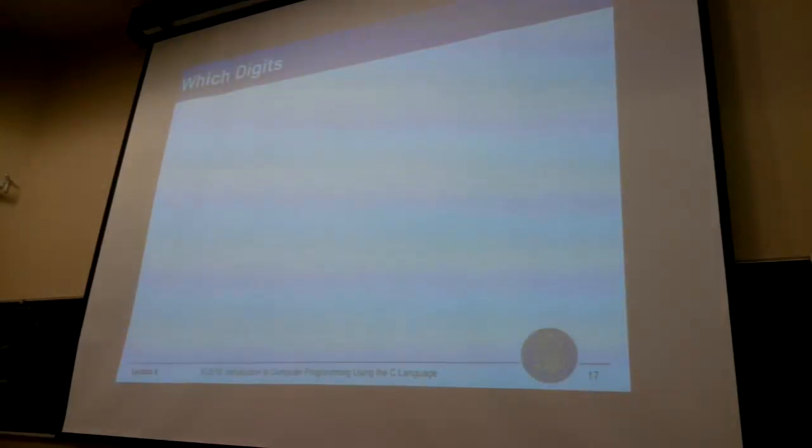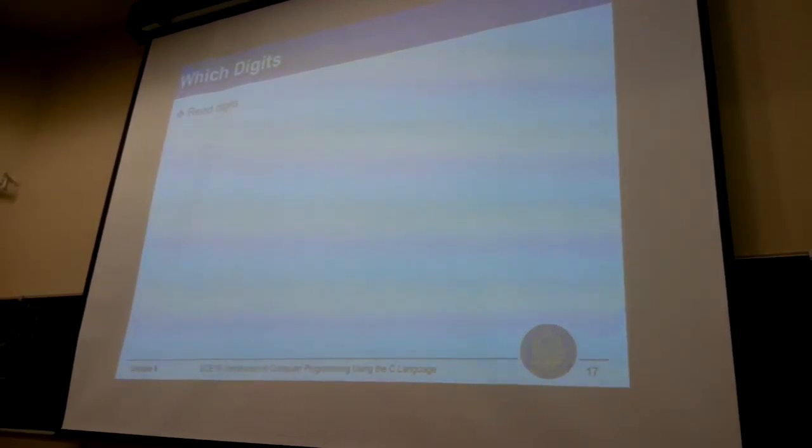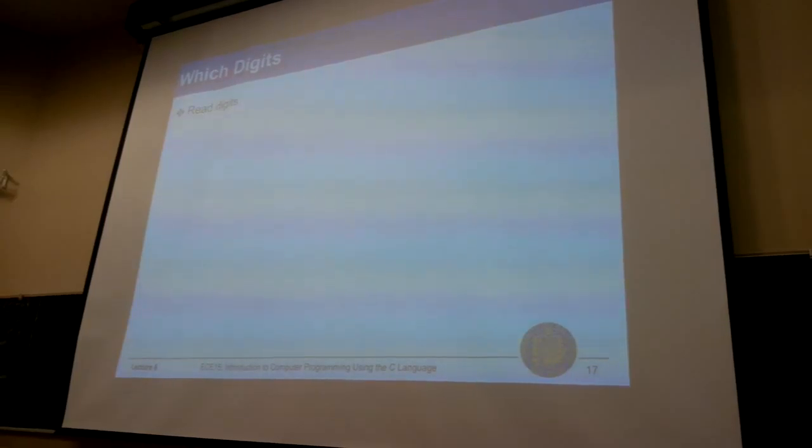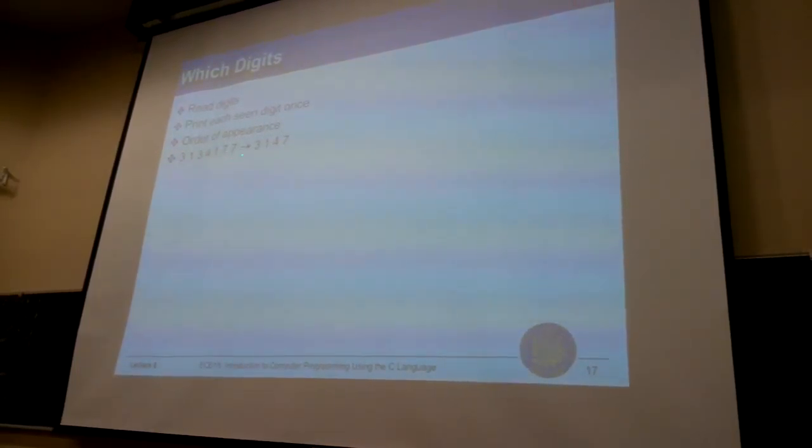So let's go on to another example here called which digits. Here we're going to read a set of digits, and then we're going to print each of the digits seen once, and in their order of appearance. So let me give you an example here. Let's say the user inputs a set of digits, 3, 1, 3, 4, 1, 7, 7.